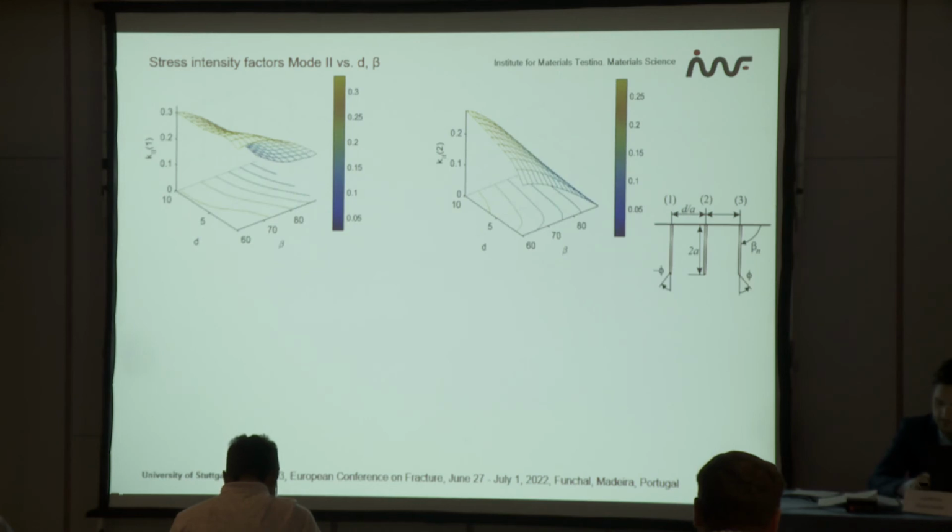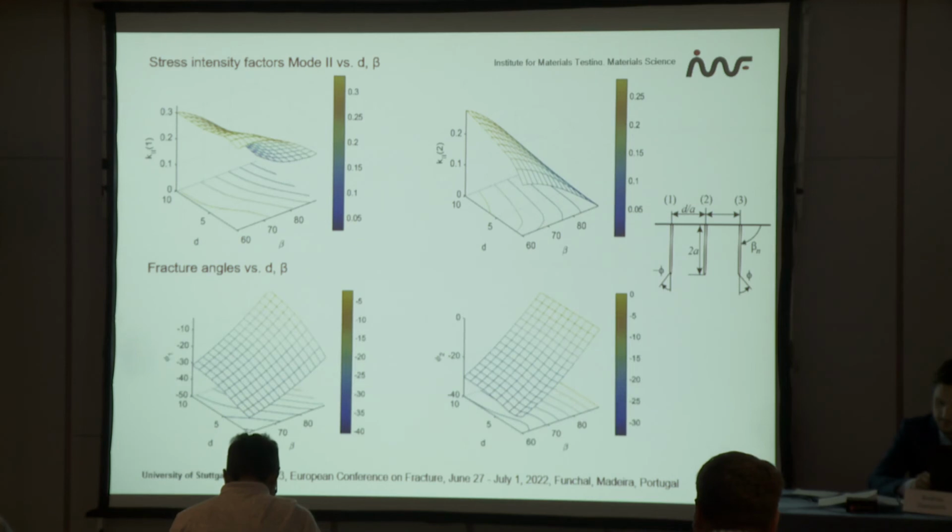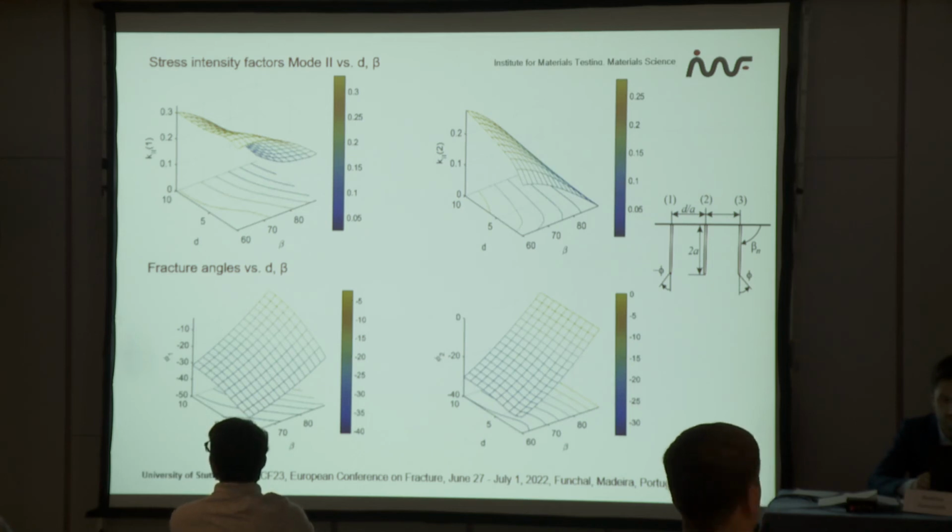K2 is responsible for crack mixity, so for deviation of the initial crack propagation, and we see these fracture angles or deviation angles. The influence of inclination beta is much more pronounced than the distance between these cracks. The schematic of 3 cracks shows the deviation angles just for this crack system, so the outer cracks will propagate out of this crack system.